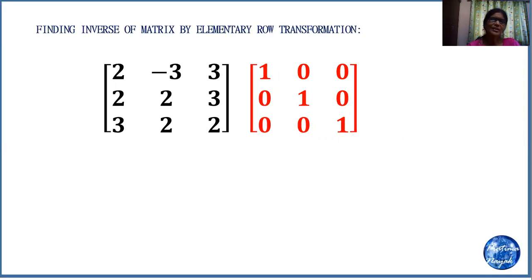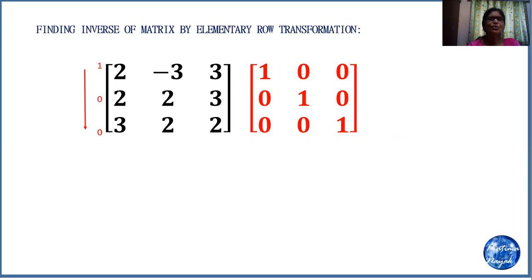Now what is the trick? First you will go down the first column. That means the first 2 will be converted to 1, then 2 will be converted to 0, then 3 will be converted to 0. You are dropping down.